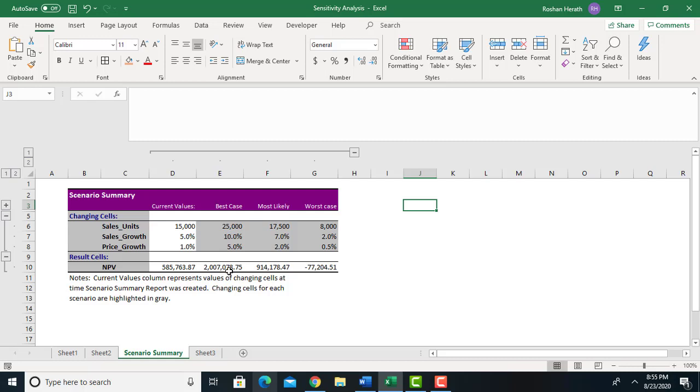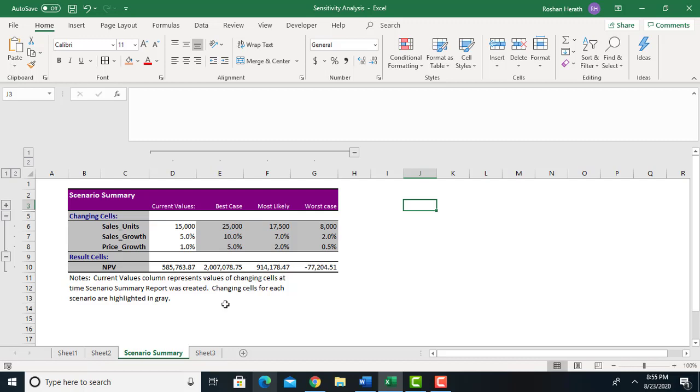This would be the result under different circumstances. Now if you want to arrive at a kind of optimal value, you can consider the probabilities of each of these cases. Say best case, there's a 40% chance. Most likely, there's a 50% chance. And worst case, there's a 10% chance.